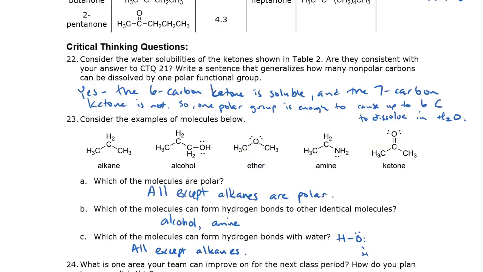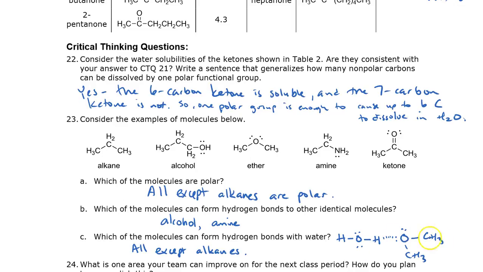So, for example, let me draw this water slightly differently so I can fit this into the space. And ether does have a lone pair of electrons on the O, and it has 2 CH3 groups in this particular ether. And so I can do a hydrogen bond here between the water and the ether because the water has the H attached to the O and the ether has the lone pair of electrons.